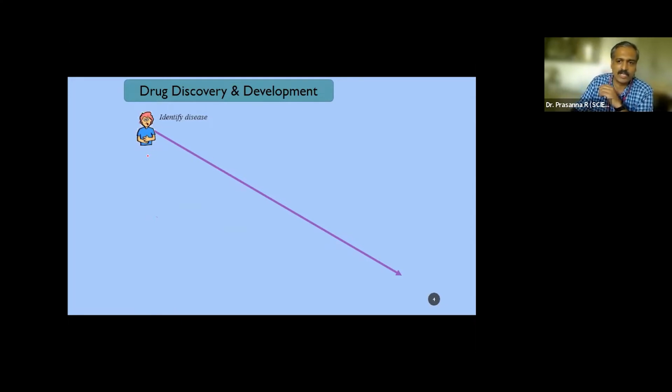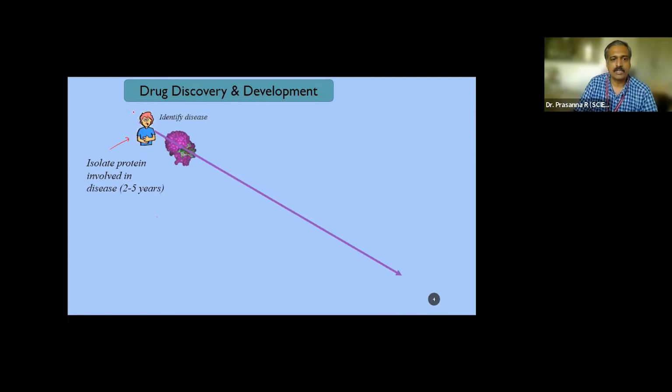You try understanding what the disorder is in the person, diagnose it through various diagnostic tools, and then understand the protein which is involved in the particular disorder. The whole slide I'm presenting is to give you an idea of the path from disease identification until product development, how it gets into products. That's how I have prepared the slide.